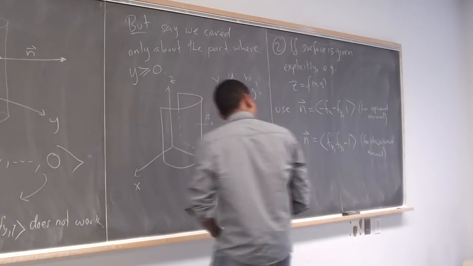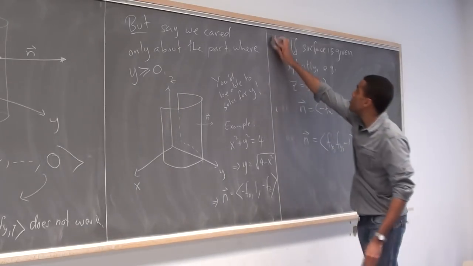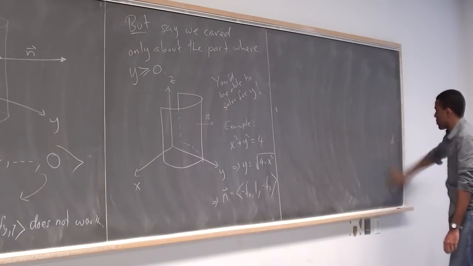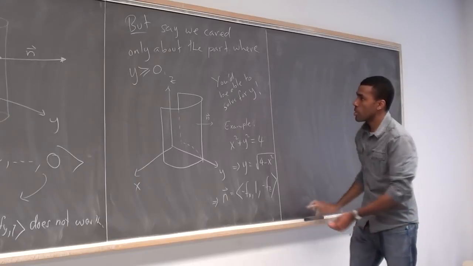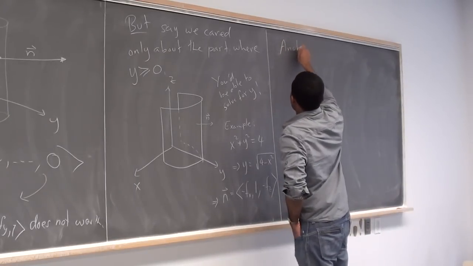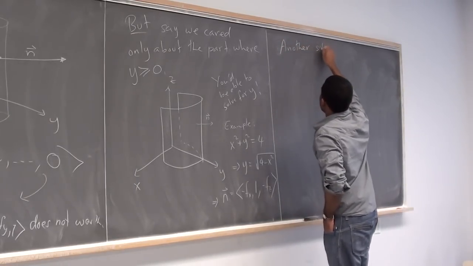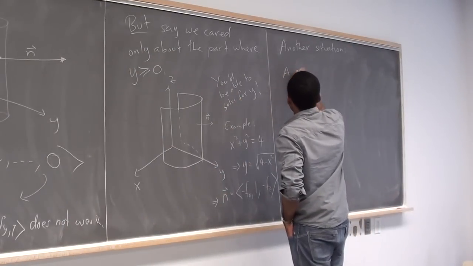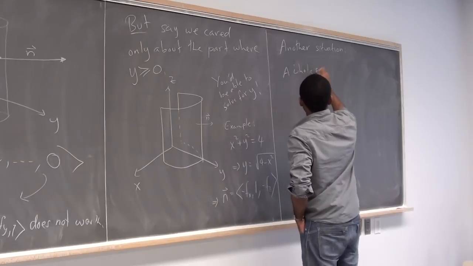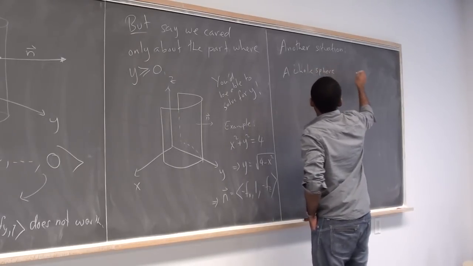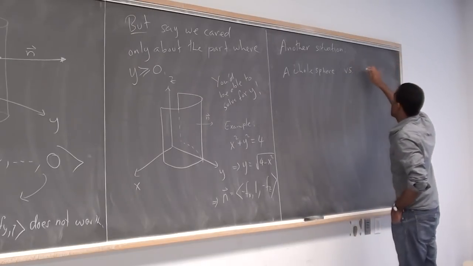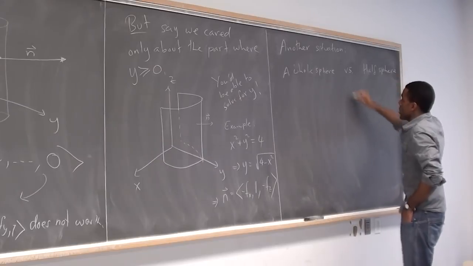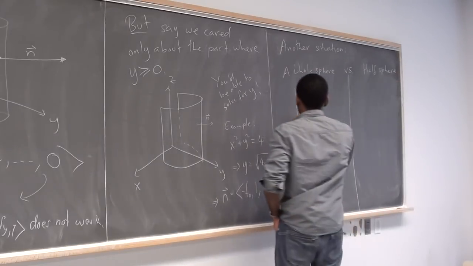Another similar situation is for spheres. It shows up pretty often: a whole sphere versus half a sphere. So let's say I'm told a whole sphere.